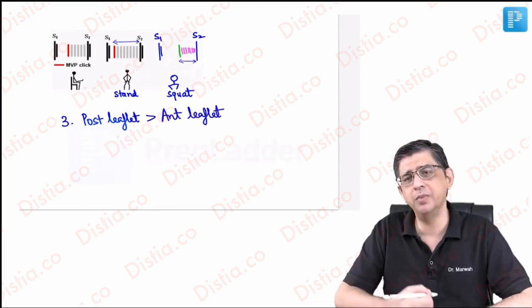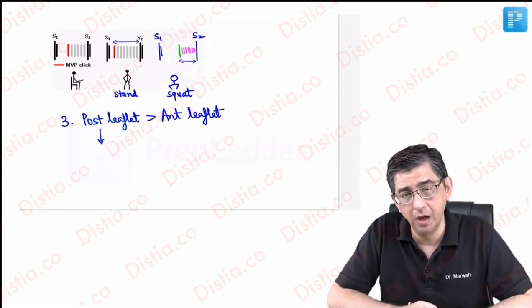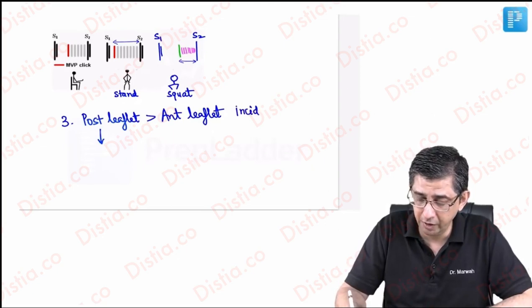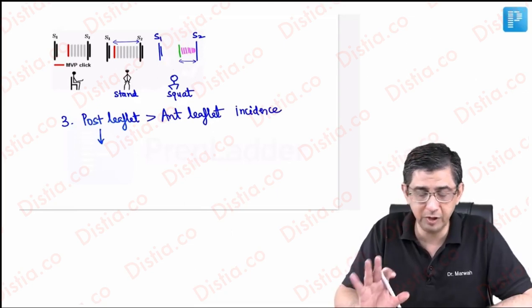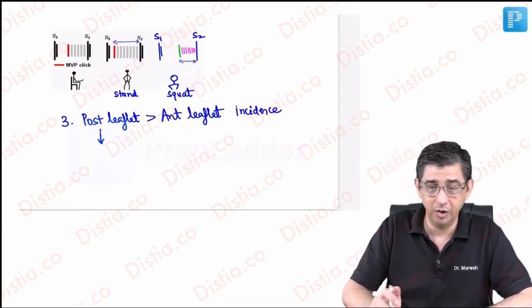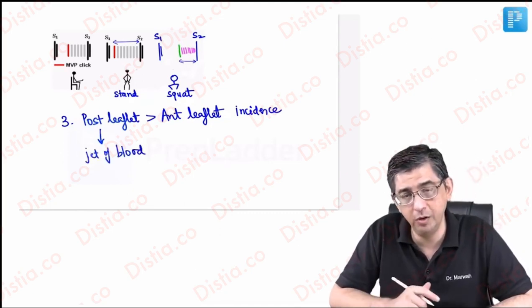Now let us see what's the implication of that. A bit of fluid dynamics, a bit of physics coming in. Incidence wise, I have written posterior leaflet involvement is more common than anterior leaflet involvement with respect to the mitral valve. If the posterior leaflet is defective, then what happens is that the jet of blood that is created, I showed about the blood leaking from LV to LA in the previous diagram.